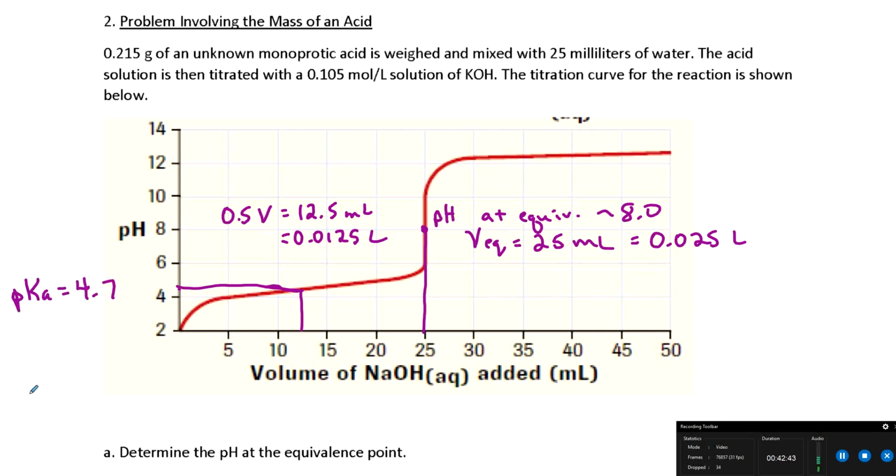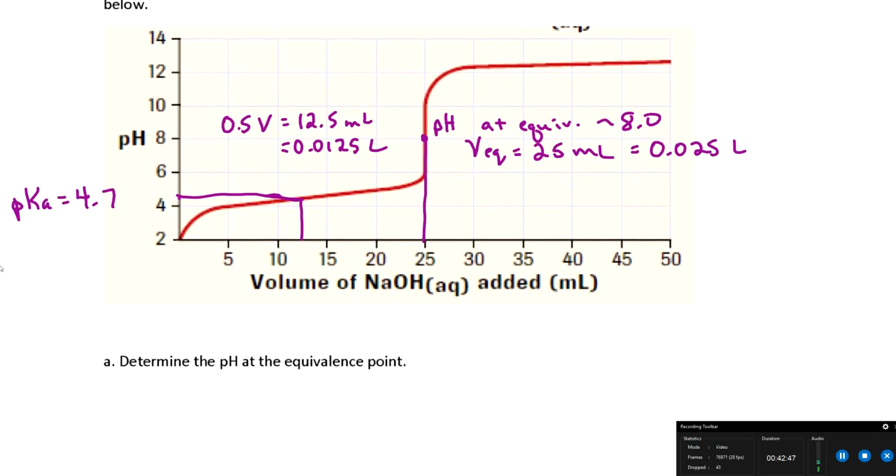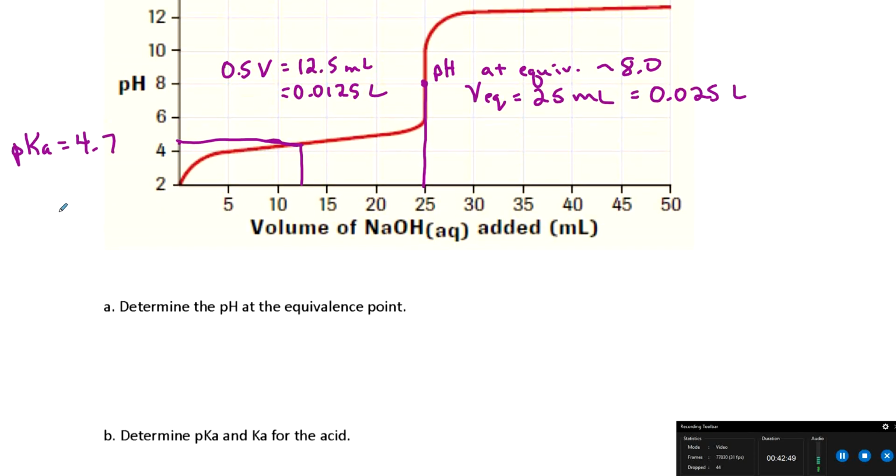And there's definitely leeway there, right? It's not easy to see exactly what that value is. I'm saying around 4.7. So the pH at the equivalence point is, well, I shouldn't put an equals because I'm just going to say around 8.